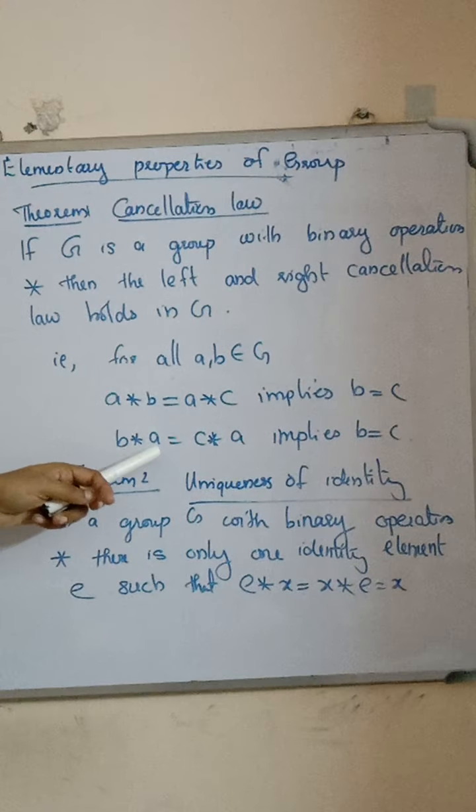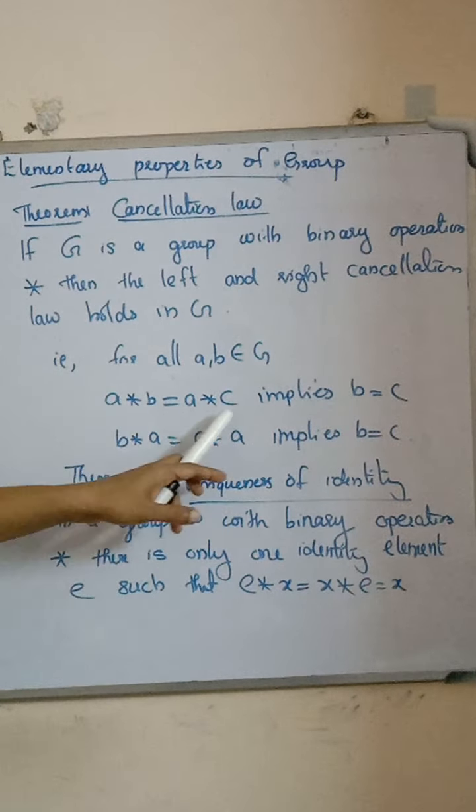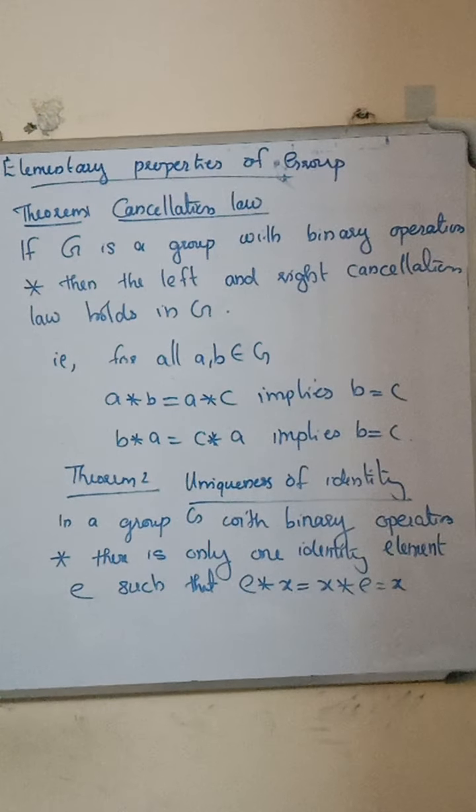Similarly, B star A is equal to C star A. Cancel out A from the right and B is equal to C. That is cancellation law. For example, A, B, C are invertible matrices of the same order.